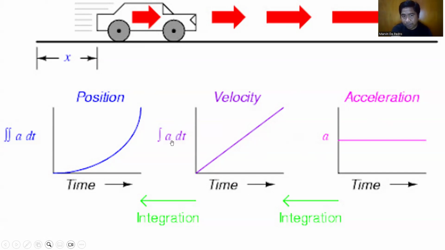So the derivative of this is just a. But if you go to the right, from acceleration to velocity to position, then you are doing integration, or taking the antiderivatives. Again, the derivative of position is velocity, and the derivative of velocity is acceleration. I hope you got it.